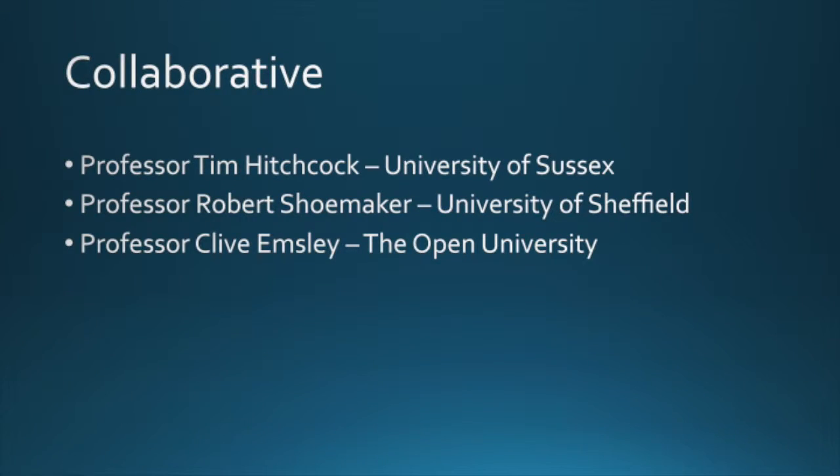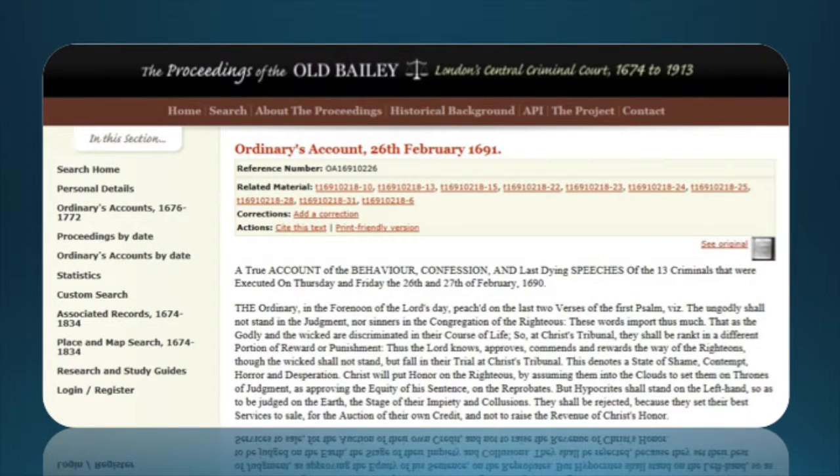And actually the key is that it was collaborative from the very start. We had Professor Tim Hitchcock from the University of Hertfordshire at the time, who's now at the University of Sussex, Bob Shoemaker from the University of Sheffield, who ran the Humanities Research Institute there, still does, and Clive Emsley from the Open University. And what they all were effectively were 18th century historians.